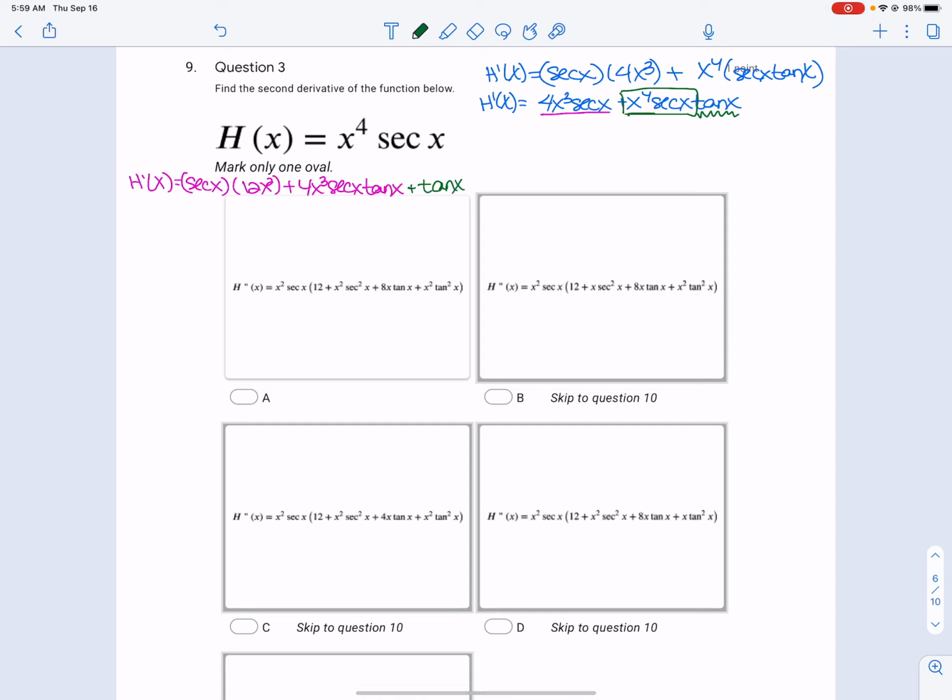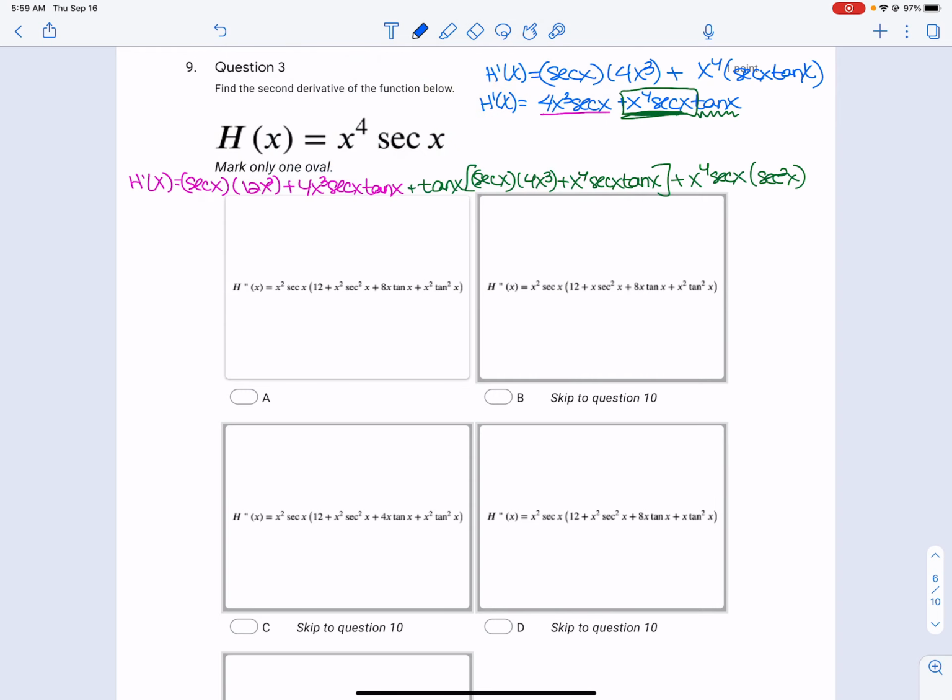Then I take the derivative of x to the 4th secant of x, which is a product rule. So that's secant of x, 4x cubed, plus x to the 4th secant x tangent of x. And then I have copied down the first, and the derivative of tangent is secant squared.